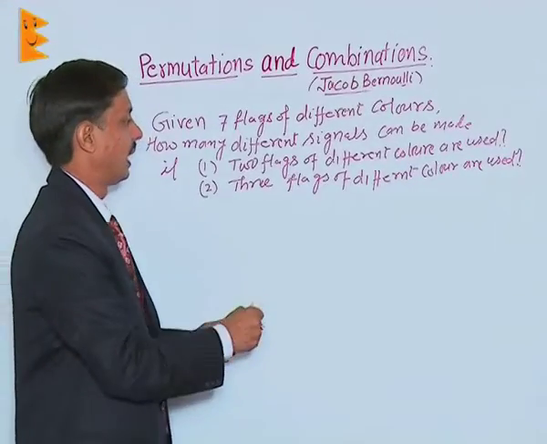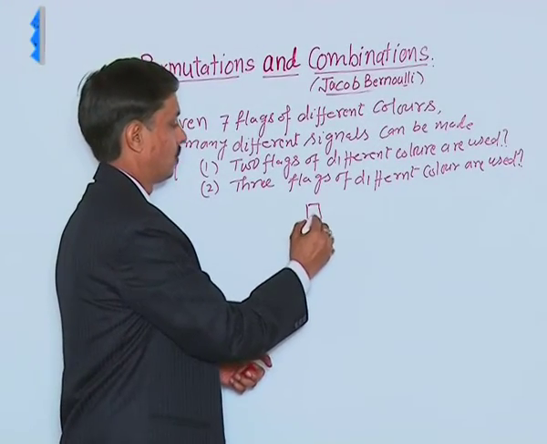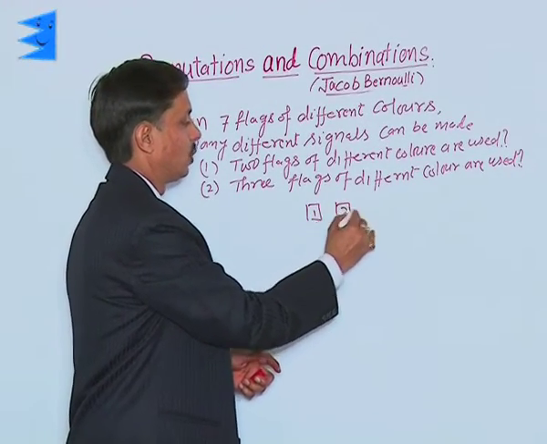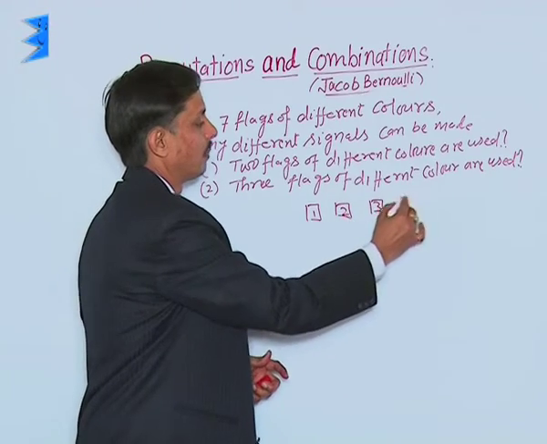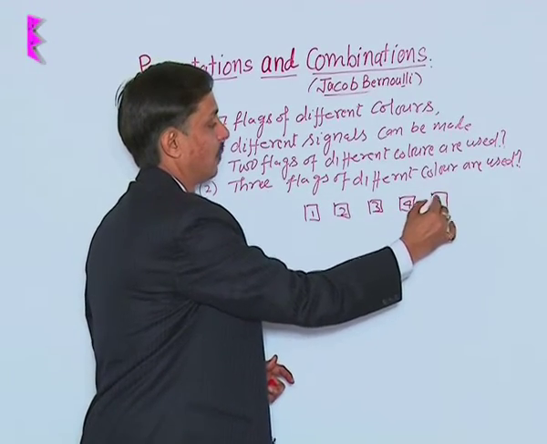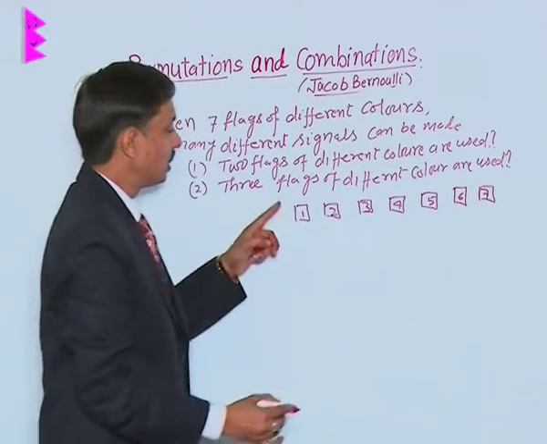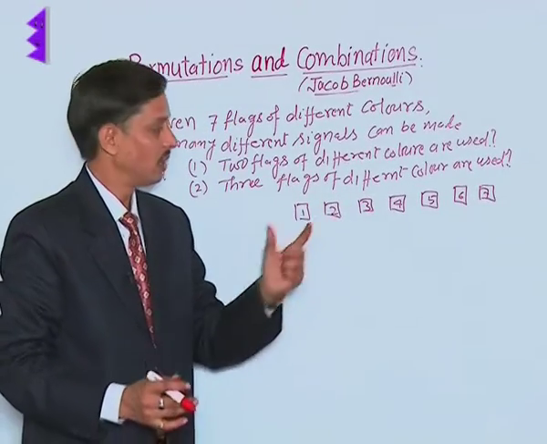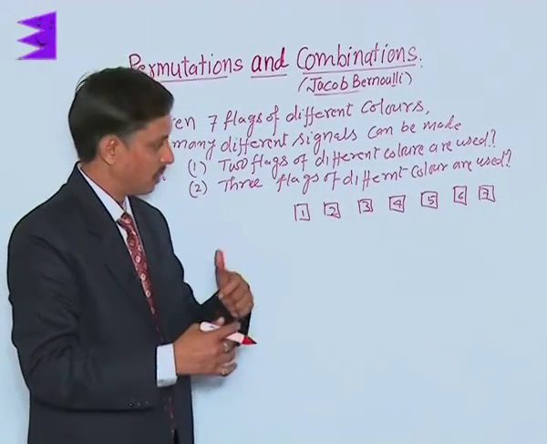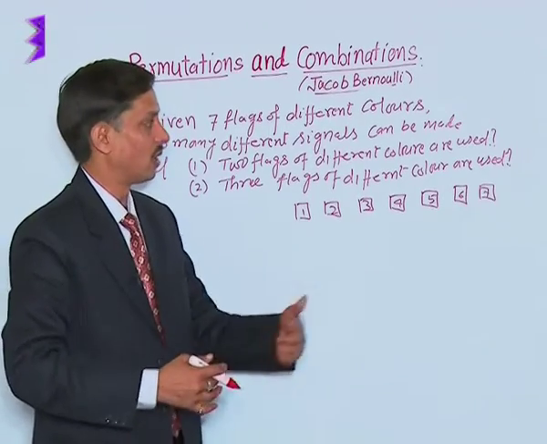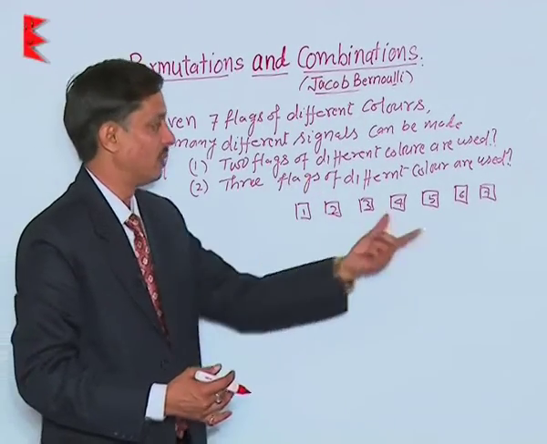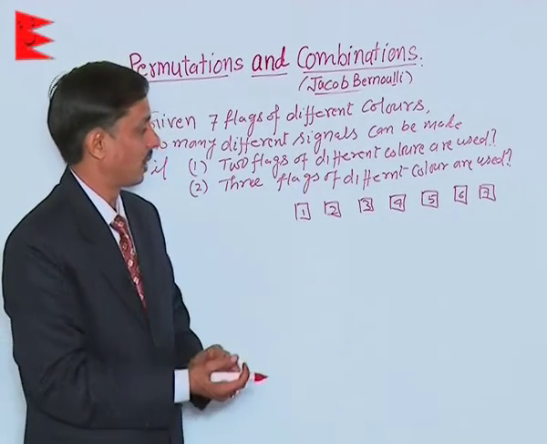The question is that we have 7 flags: 1, 2, 3, 4, 5, 6 and 7. These 7 flags are distinguishable, of different colors. It is written different color, which means 7 flags of different colors.